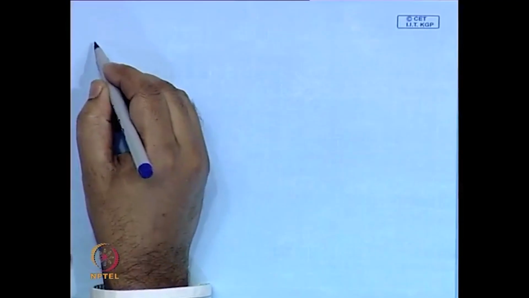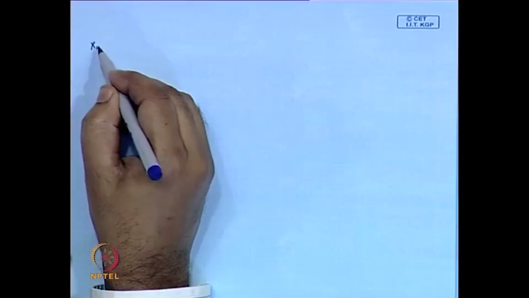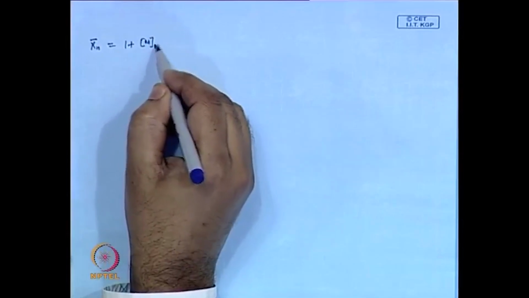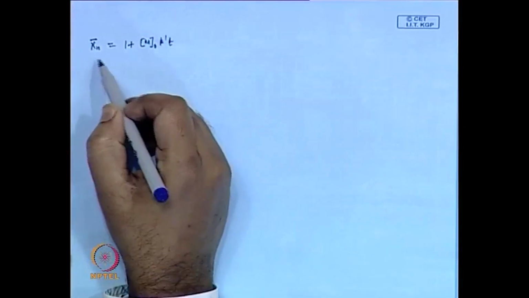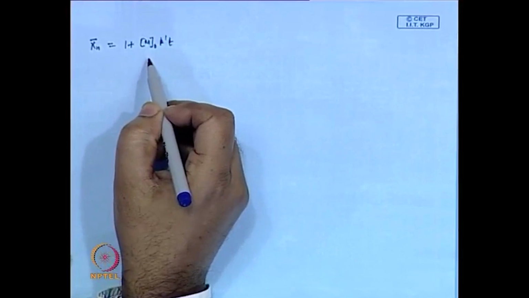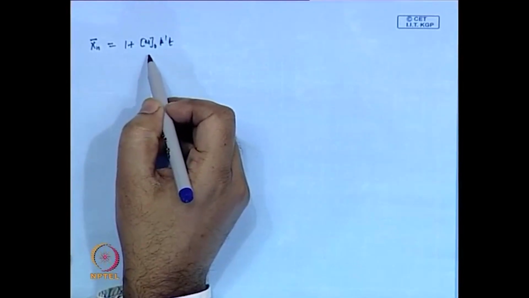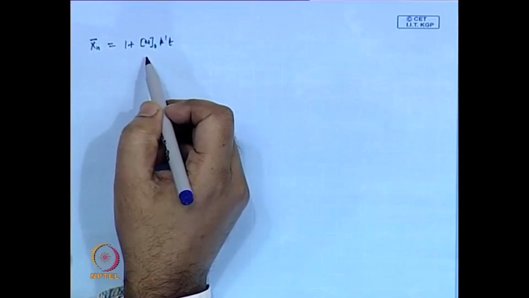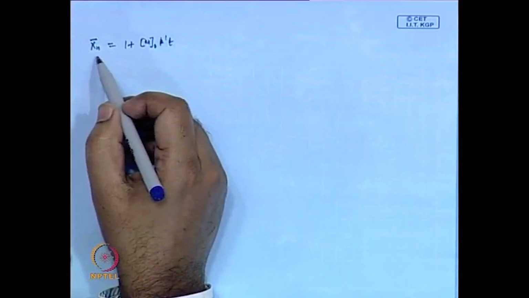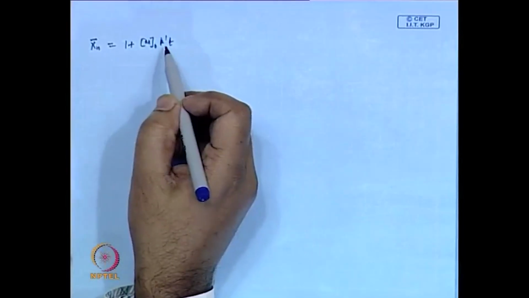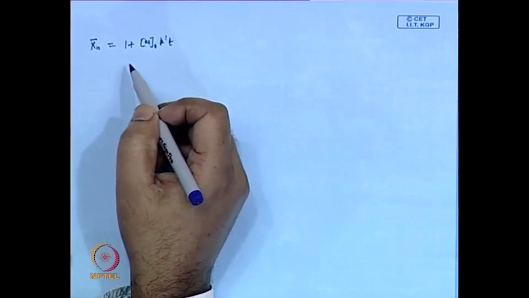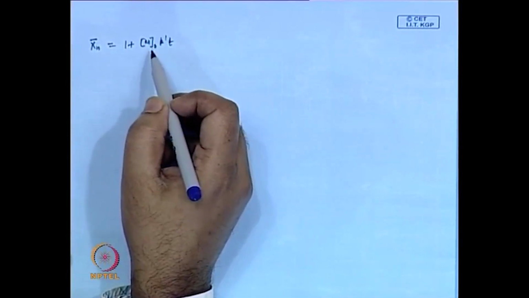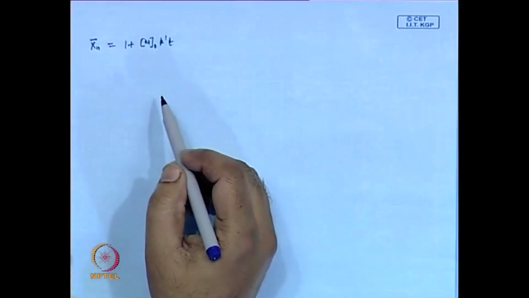What we have also seen from this equation is that Xn bar is linearly dependent on the initial monomer concentration as well, which means that for a given rate constant, it is always preferred to use a high concentration of monomer.